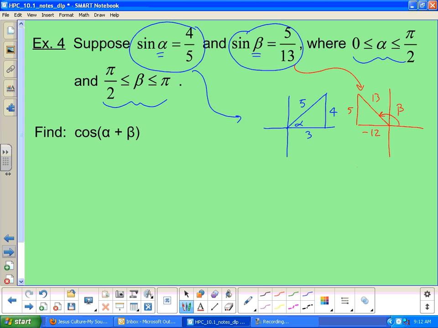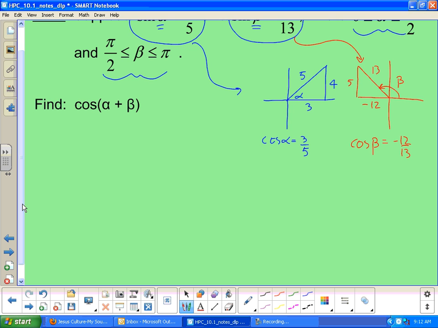So why were we doing this? We're doing this to get cosine beta and cosine alpha. Cosine beta is negative 12 over 13, and cosine alpha is equal to 3 over 5. Now we can use that information to help us find cosine of alpha plus beta.